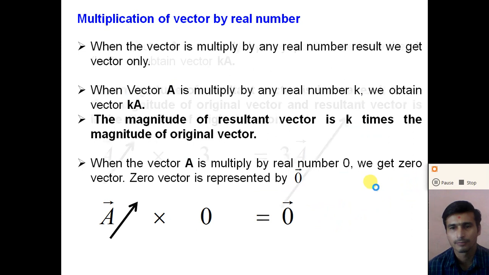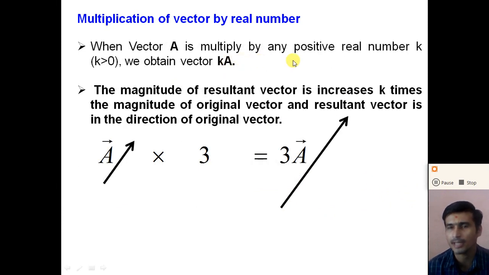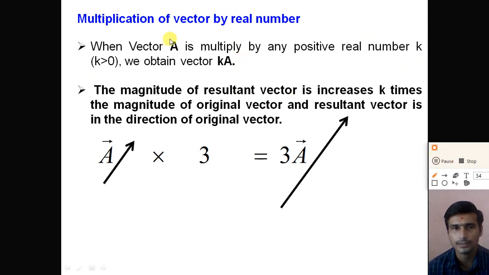So now dear student, when the vector a is multiplied by any positive real number k, where k is greater than 0, we obtain a vector ka, and the magnitude of this resultant vector is k times the magnitude of the original vector, and the direction of the resultant vector is the same as the original vector.